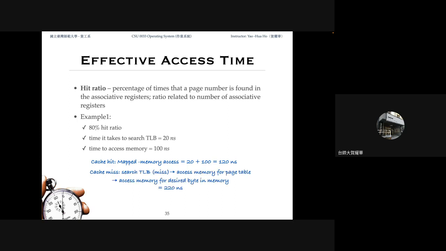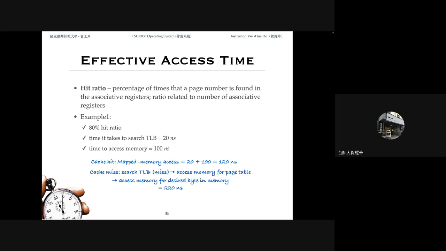If it's a cache miss, I still need to search the cache in order to know it's a miss. So I search 20 nanoseconds, and find it's not inside my cache. Then I need to access the memory for the paging table, which is another 100 nanoseconds, and find out the actual frame number.